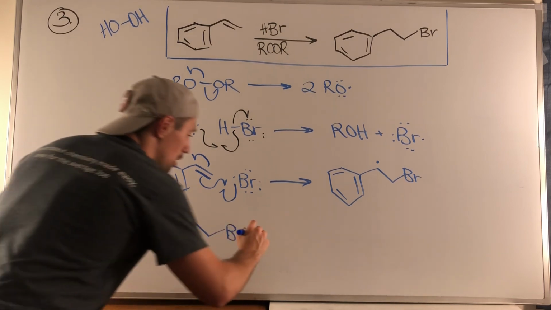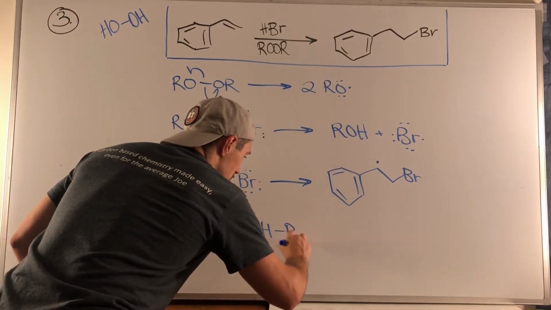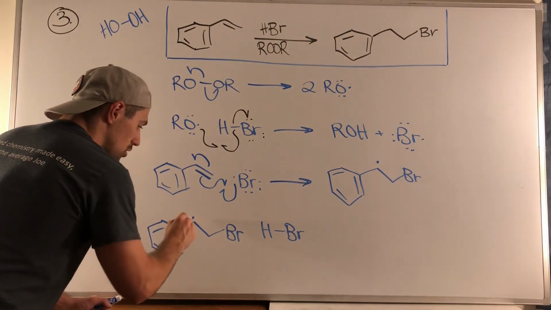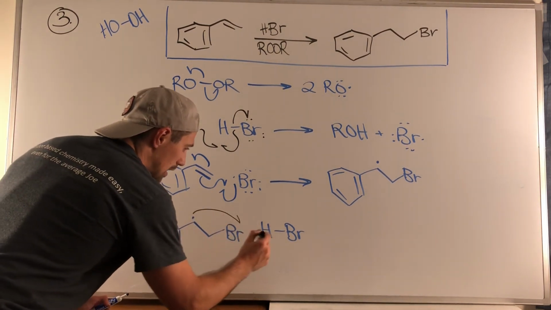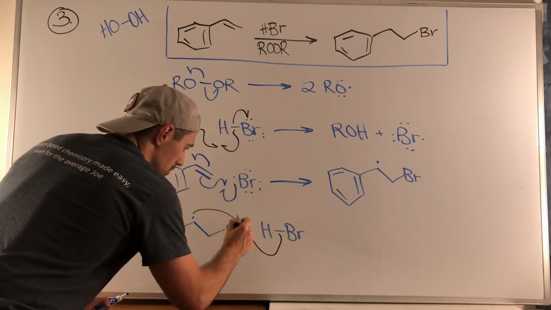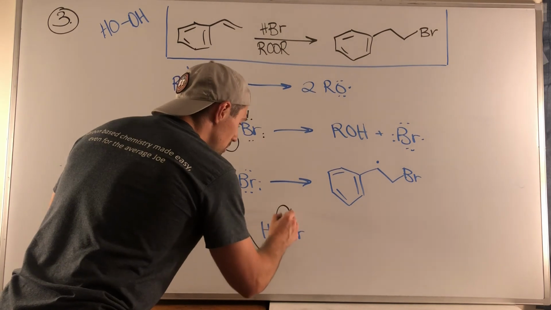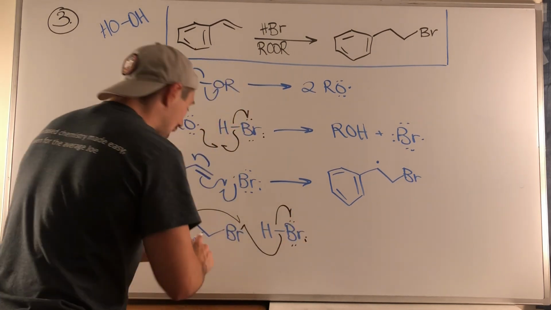So what we do is we run into yet another HBr. Oh, radical electron right here. So this carbon will reach out and go, all right, hydrogen, let's boogie. I'm taking you. We're gonna make a bond, and that leaves yet another bromine to then be a radical.